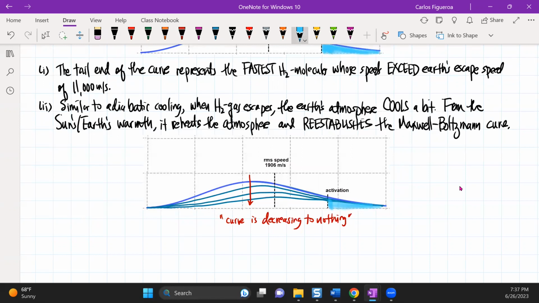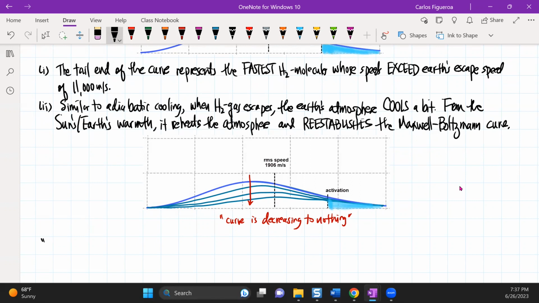So as the Earth rewarms the atmosphere, there's always going to be a tail that gives you that activation. And it's that activation that causes these particles to exceed the escape velocity of the Earth. So again, this is not correct, but this is a conceptual thing.